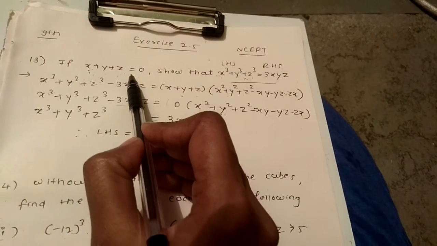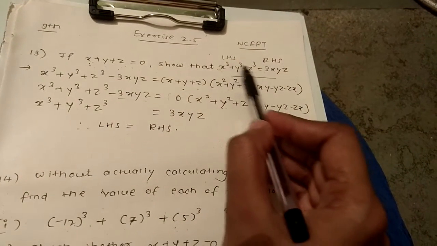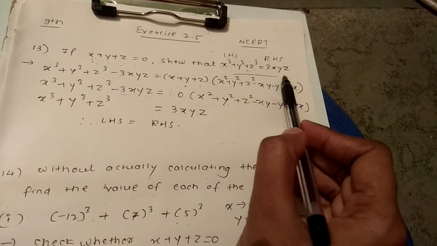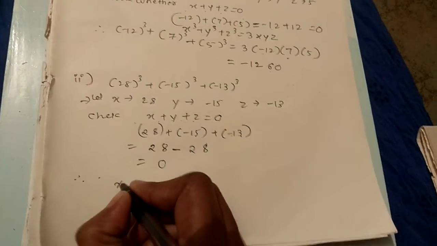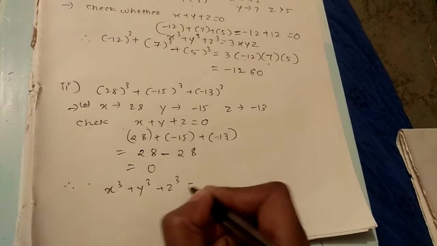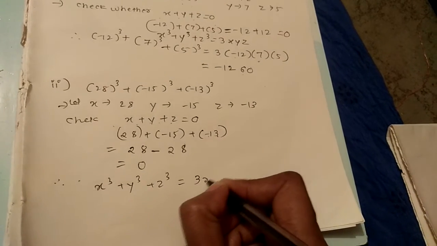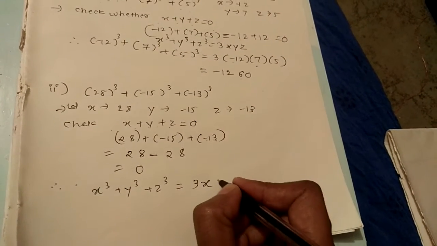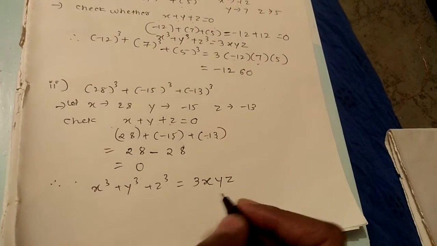Whenever x plus y plus z equals 0, the sum of cubes will be 3 into x into y into z. Therefore x cube plus y cube plus z cube will equal 3 into x into y into z.